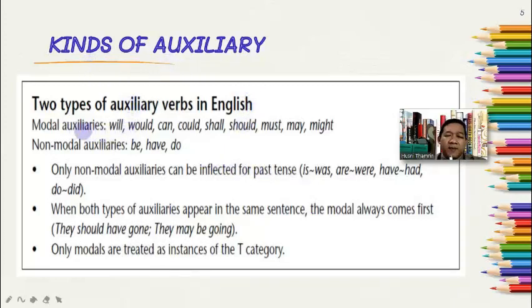Di sini ada modal auxiliary will, would, can, could, shall, should, must, may, might. Okay. Nah, sometimes you have difficulties. Will, this is into future. Yes, but from this category, will is an auxiliary verb.